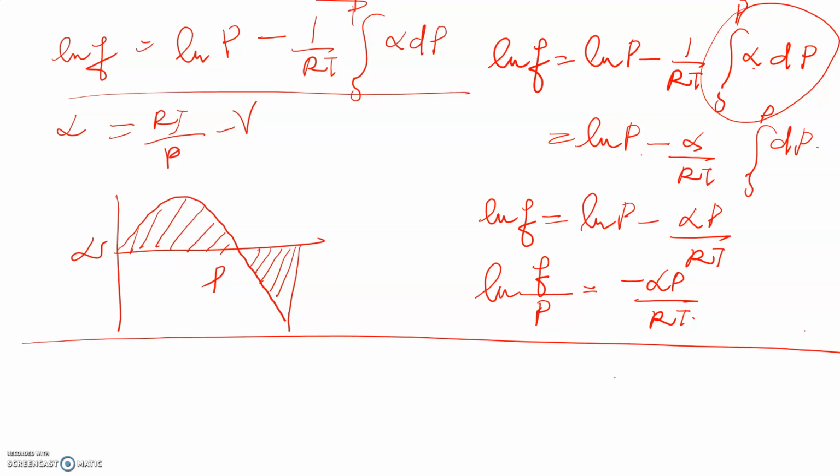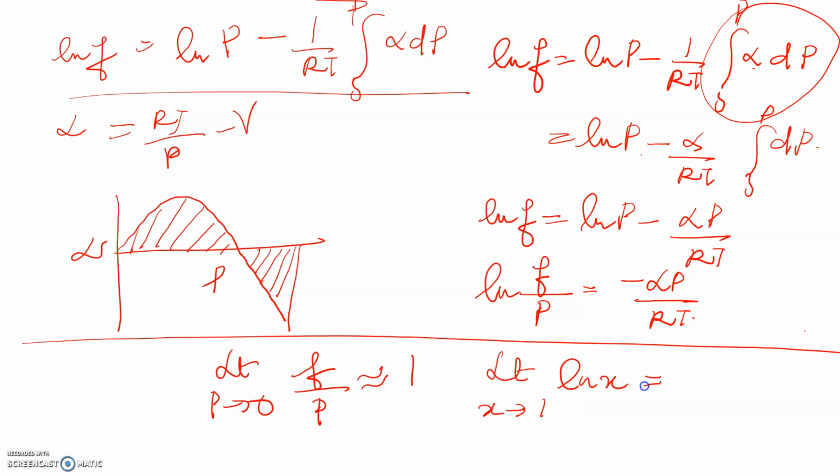When we defined fugacity, we had introduced that limit p tends to 0, f by p is approximately equal to 1. Mathematically, if we have a function like limit x tends to 1, ln x, that is equal to x minus 1.